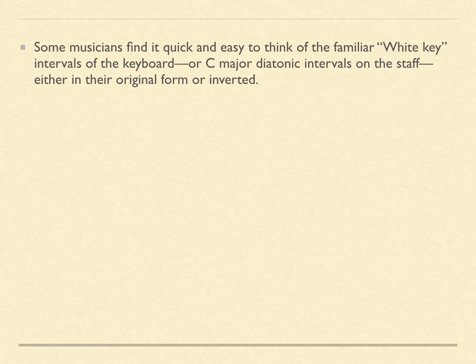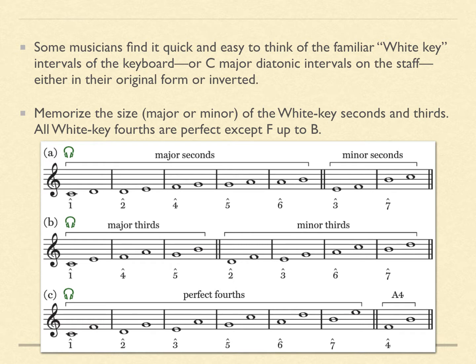Another way that some people will do this is what has come to be known as the white key method. For me, this is maybe more memorization than you need to do, but again, it's good to be versatile. So if you learn one method, why not learn another one? Basically, what you're doing is you memorize all of the white key intervals.